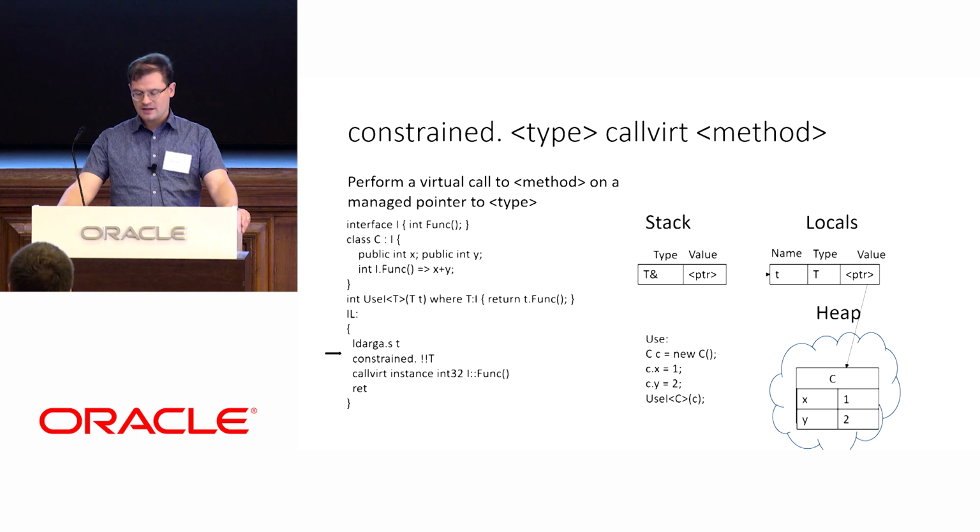The evaluation stack has a pointer to the local t, and the local t has an object reference that points into the GC heap. The constrained call opcode will then double dereference and perform an interface dispatch to call the function. And of course, you'll still get a 3 because the implementation of all of these is the same, just the difference between being a structure and a class.